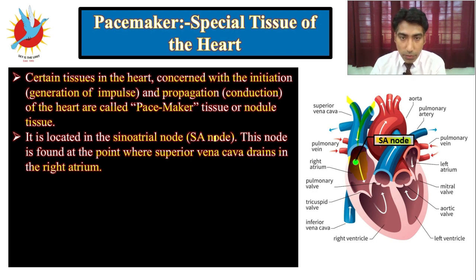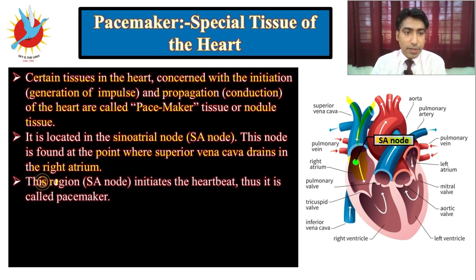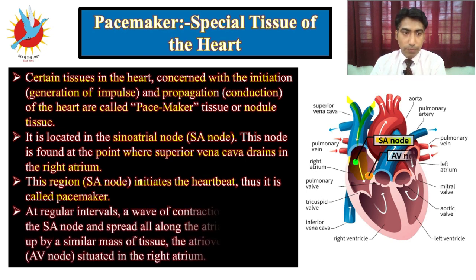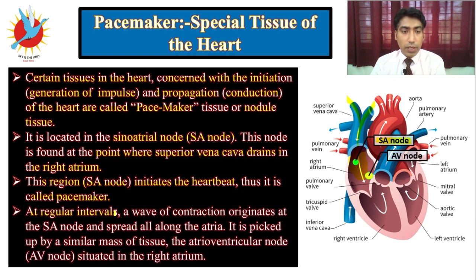Why is it known as the pacemaker of the heart? Let us discuss this point. The SA node initiates the heartbeat, thus it is called the pacemaker. It produces impulses which are responsible for the initiation of the heartbeat. At regular intervals, a wave of contraction originates at the SA node and spreads all along the atria.